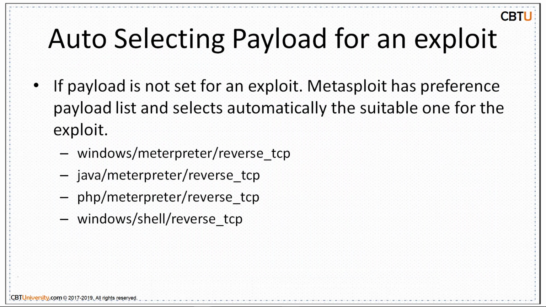If a payload is not set for an exploit, Metasploit has a preference payload list and automatically selects the suitable one for the exploit. For example, for reverse TCP, it follows Windows Meterpreter, followed by Java, PHP, followed by Windows Shell Reverse TCP. We'll watch this in action in demos.